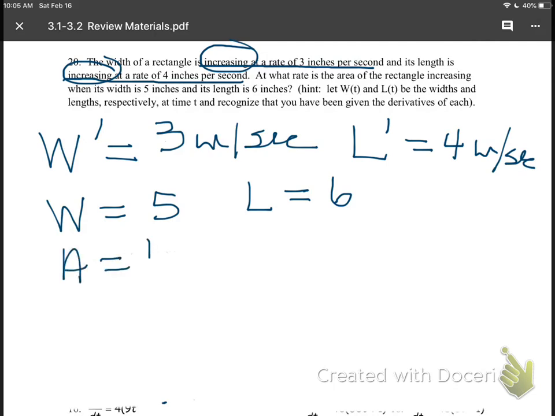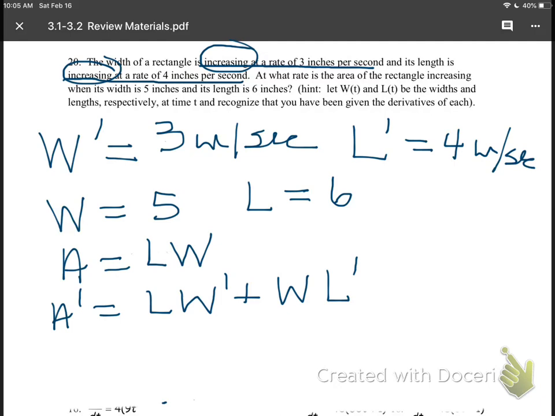Area equals length times width, but all three of these are functions. So area prime equals left d right plus right d left. Okay, so what's happening there? Do I have values I can plug in? Well, length is 6. W prime is 3. We're not going to worry about units yet.